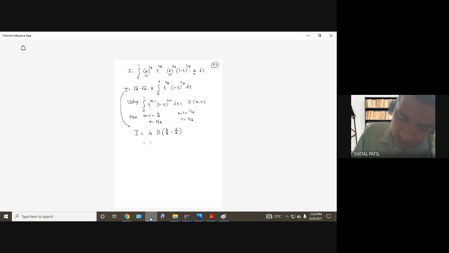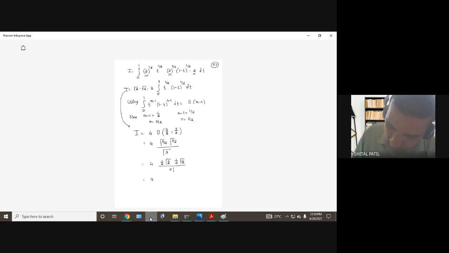Now convert that into gamma form. So gamma 3 by 2 times gamma 3 by 2 divided by gamma (3 by 2 plus 3 by 2), gamma 3. That is equal to 4 times half gamma half, half gamma half, divided by gamma 3, which is 2 factorial.